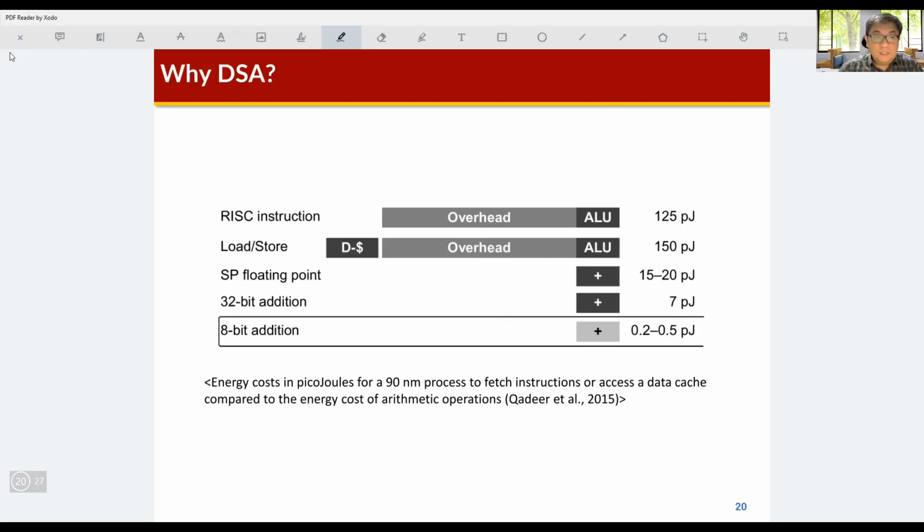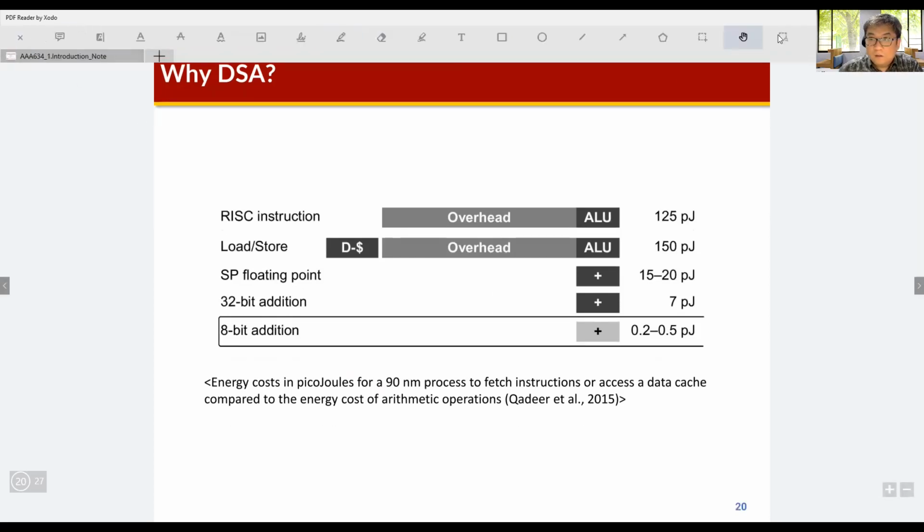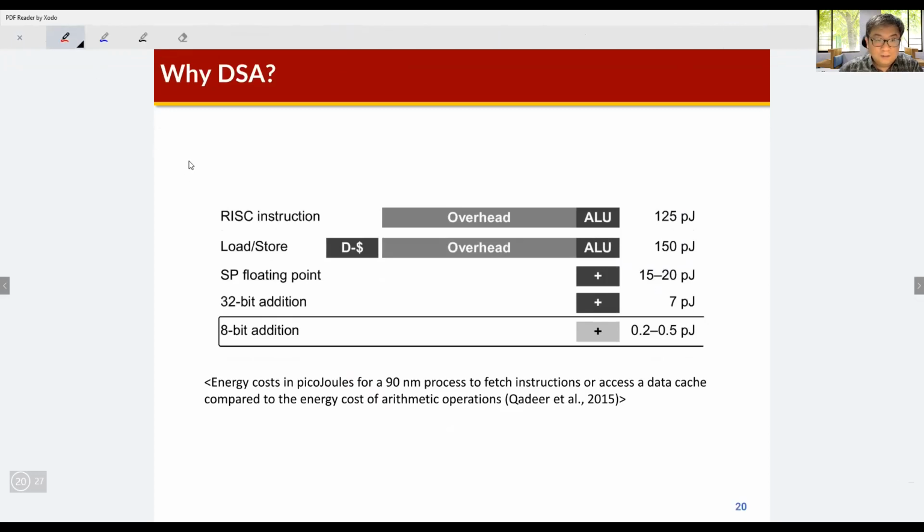Let's see. Oh, it works. Let's see this slide. This slide shows very good intuition. It shows the energy per operation and instruction. Let's see the RISC instruction. It's a normal instruction.